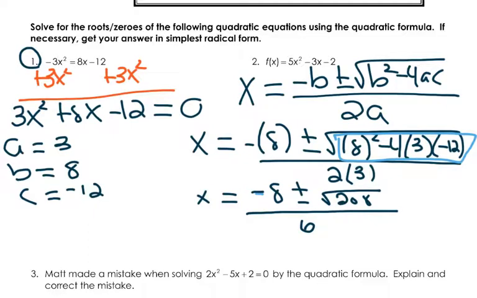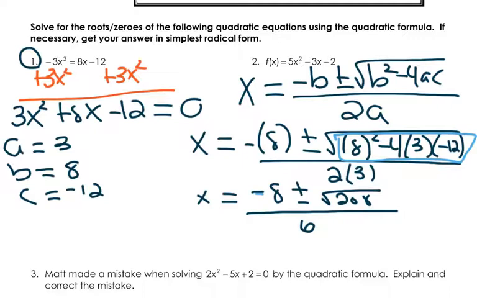So now you want to check in your calculator and see if 208 is a perfect square. And you'll notice that it's not a perfect square. So we're going to have to reduce it. And if we're going to reduce it and simplify that radical, we really need to be going into prime factorization, which we did 2 days ago.